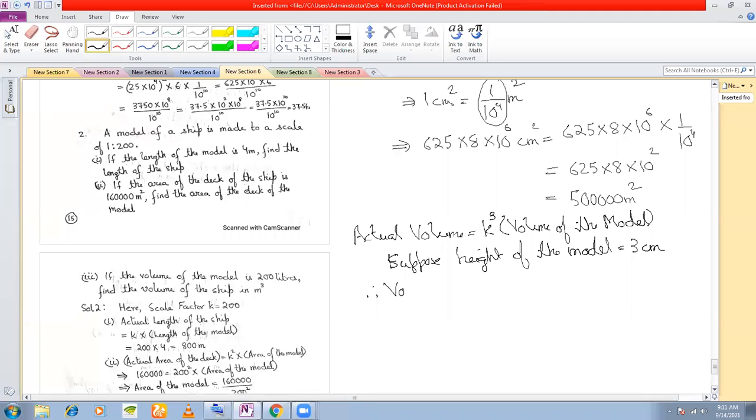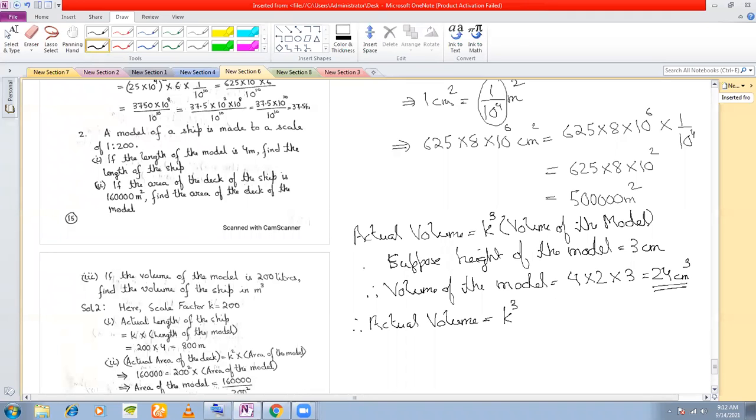Therefore, what is the volume of the model? Length into breadth into height. Length was 4 centimeter. Breadth was 2 centimeter. Height is 3 centimeter. So this is 24 centimeter cube. So if we have to calculate the actual volume, it must be equal to k cube times volume of the model.